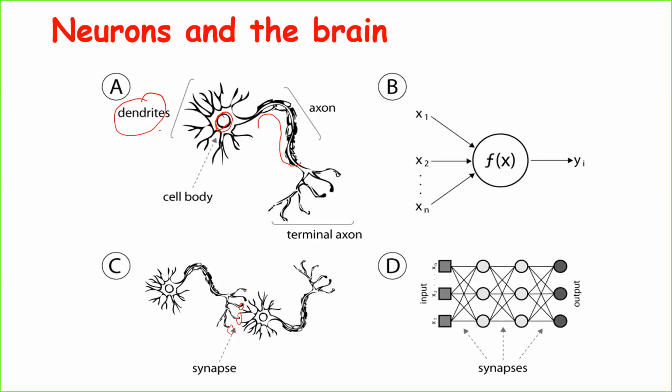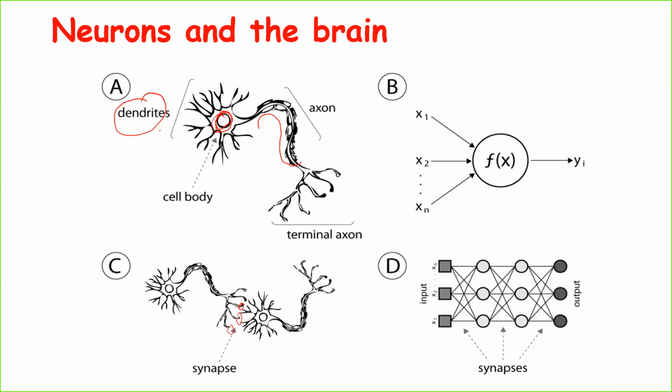Now, after the dendrite receives the input, it sends that signal to the soma or the cell body. The cell body integrates all the signals that it is receiving from all the dendrites.